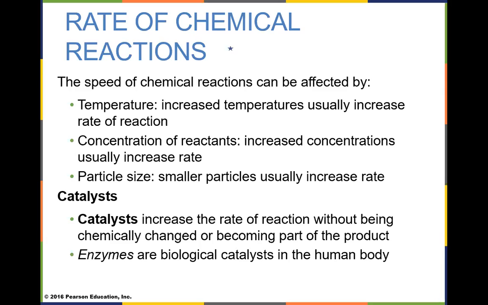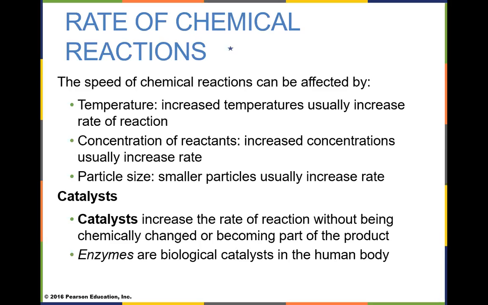Now the problem is that none of these things apply in the human body. We can't raise the temperature of the body to increase the rate of reactions. We are pretty much limited to 98.6, 37 degrees Celsius. So the chemical reactions in our bodies have to happen at body temperature. We can't turn the temperature up to make things work better.